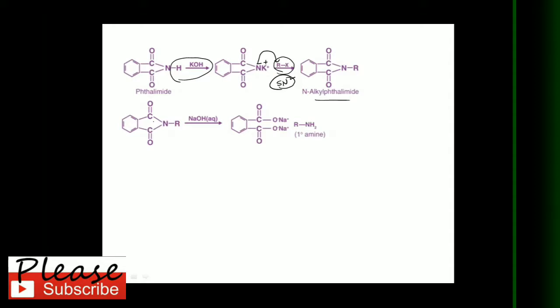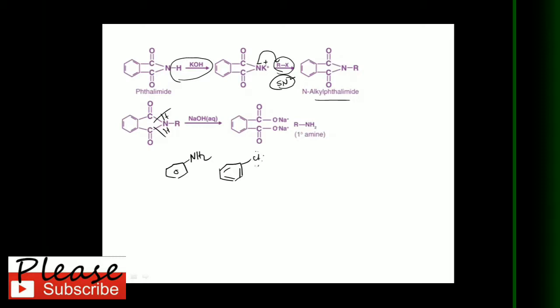On hydrolysis, we will get the primary amine RNH2. Okay, so it is only suitable for the preparation of primary aliphatic amines. Here we cannot prepare aniline. In this reaction we cannot prepare aniline, because for the preparation of aniline we should take chlorobenzene.